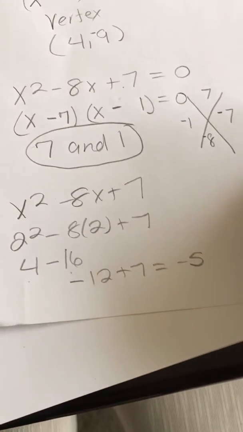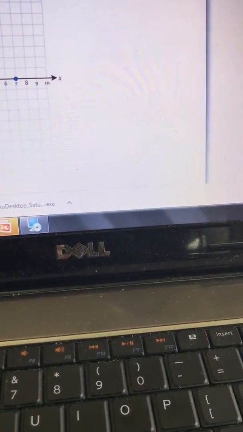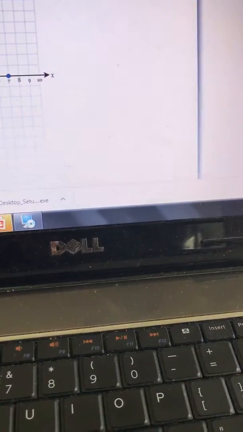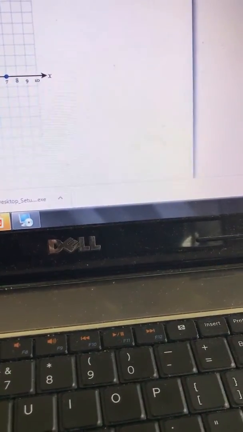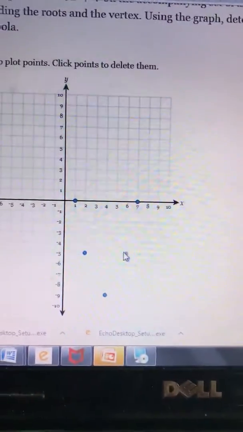That's 1 point, 2 comma negative 5. I'm going to say 6 comma negative 5 only because I know parabolas are symmetric.